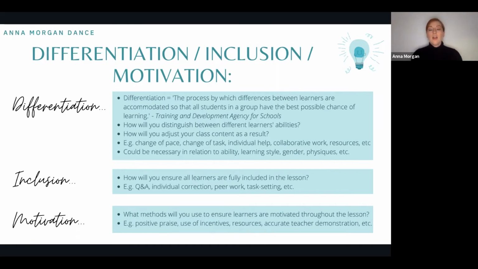We've got our very visual learners who just need to see it once and they can recreate it. You've got your auditory learners that really need to have it all explained to them before they want to have a go and they want to listen to your voice explaining it. You've got your kinesthetic learners who need to feel it in their own body. Maybe they need tactile correction to get it right.